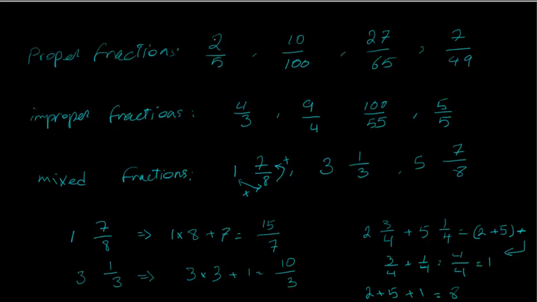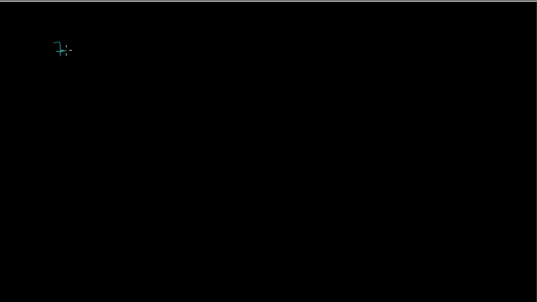Let me make some room here. Let's say we have 7 and 4 over 5 minus 3 and 2 over 5. We deal with the whole numbers first. 7 minus 3 is 4, plus 4/5 minus 2/5.